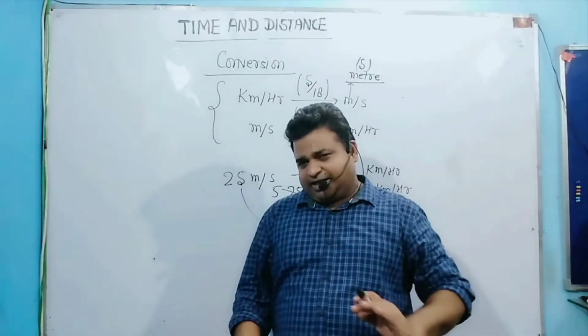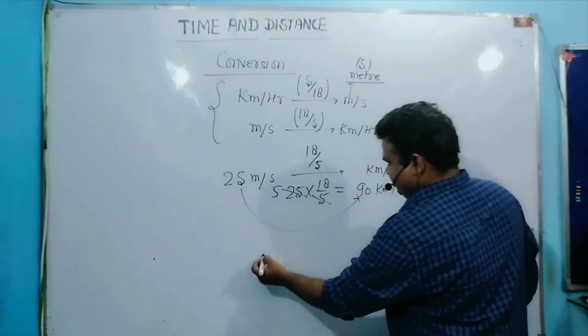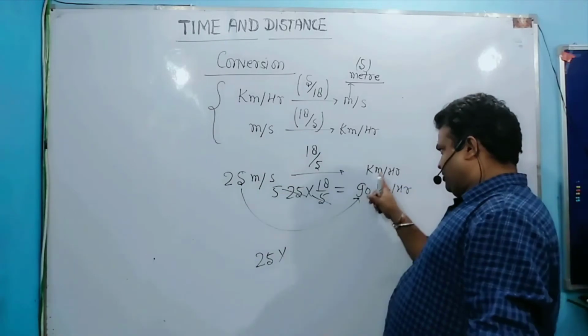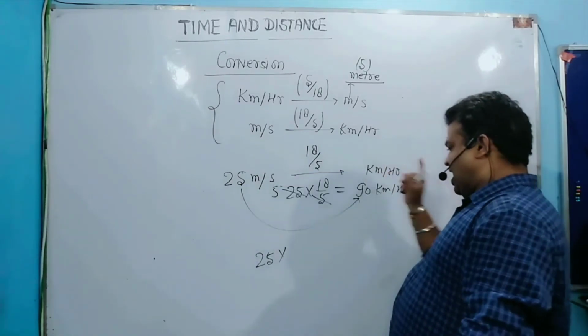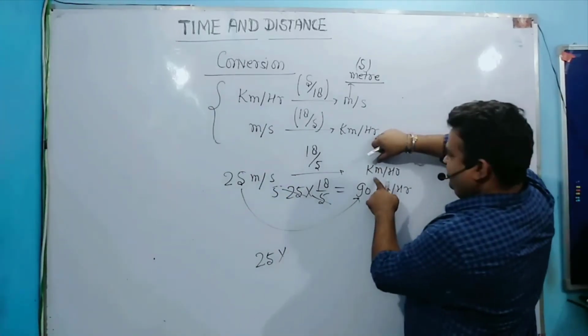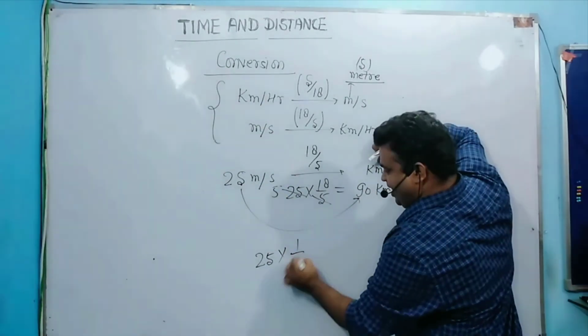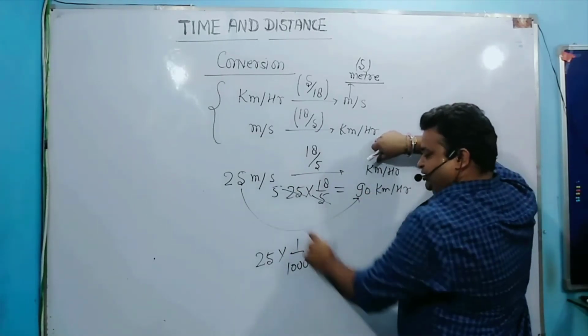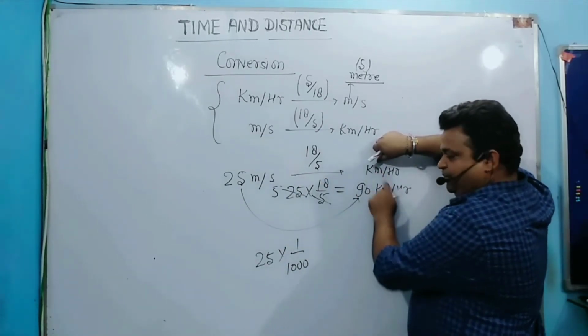And then what is the conventional method? So in the conventional method, okay, how many meter? Kilometer. Second, hour. So what is your value in meter? Kilometer is 1000. So 1 by 1000 kilometer is equal to 1 meter.